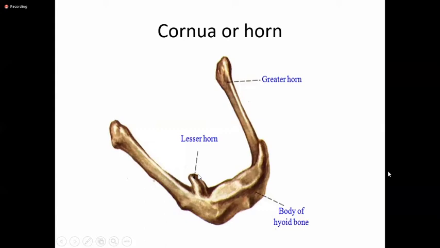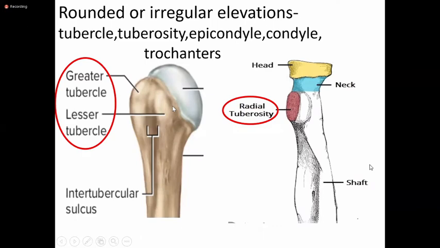These elevations, whether sharp or linear, give attachment to different ligaments and muscles. Then there are the rounded elevations, which are called tubercle, tuberosity, epicondyle, condyle, and trochanter. This is the head of the humerus. It has two rounded elevations, the lesser tubercle and the greater tubercle.